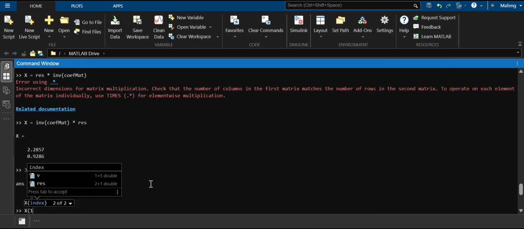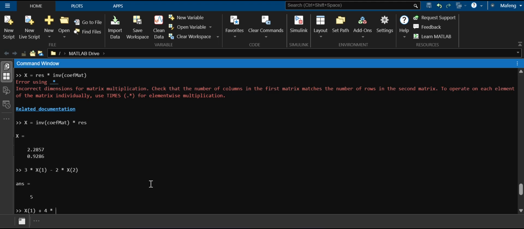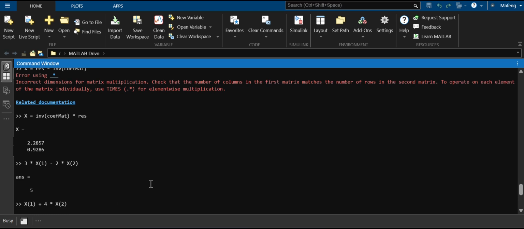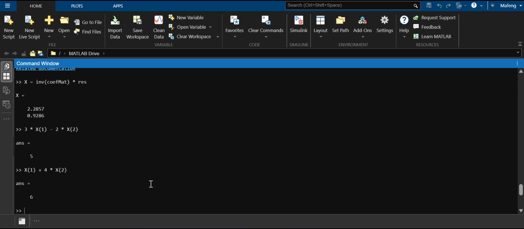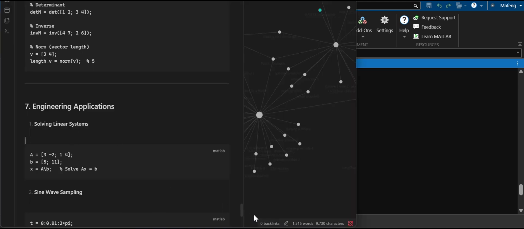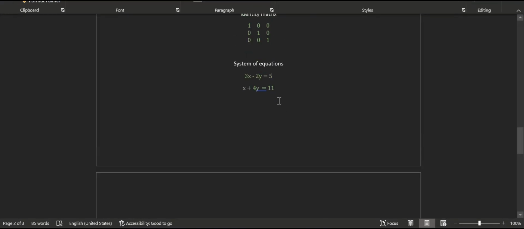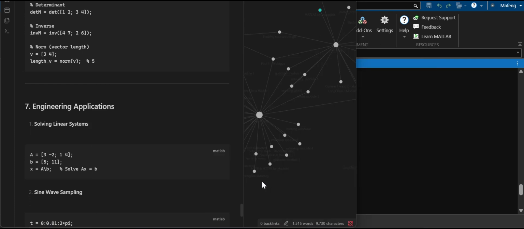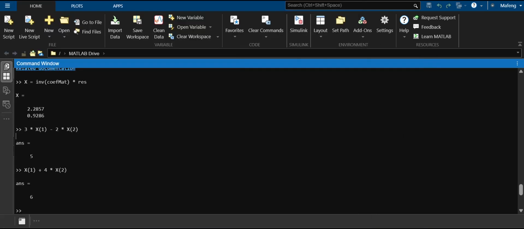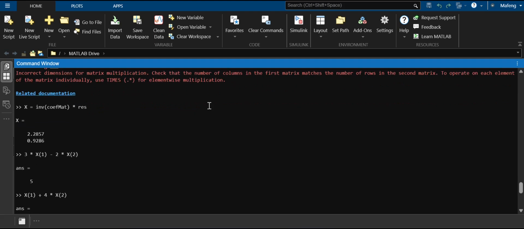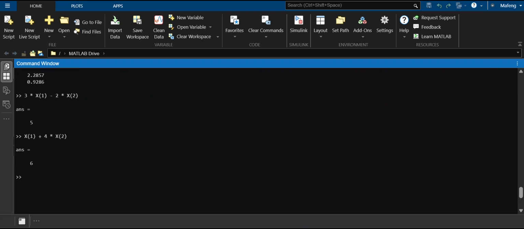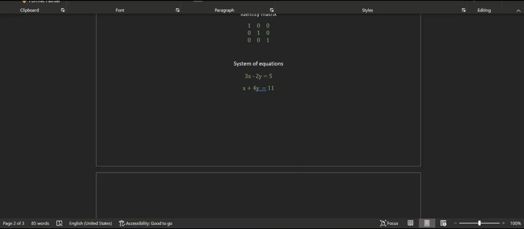X plus 4 times y gives 6. Alright, we have 6 instead of 11 here because I made a mistake.